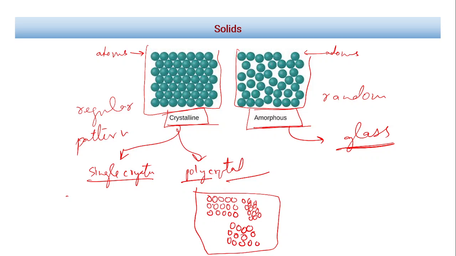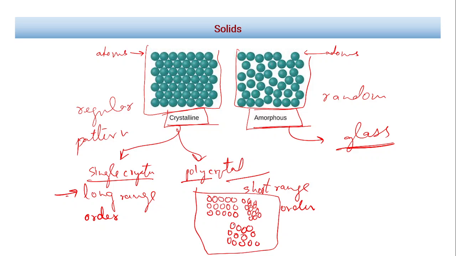Then we call it short range. A single crystal has long range ordering, or regular patterning; we give it the scientific term long range order. Single crystals have long range order from the beginning till the end. Polycrystals have short range order. They have some ordering, but only up to a smaller distance.